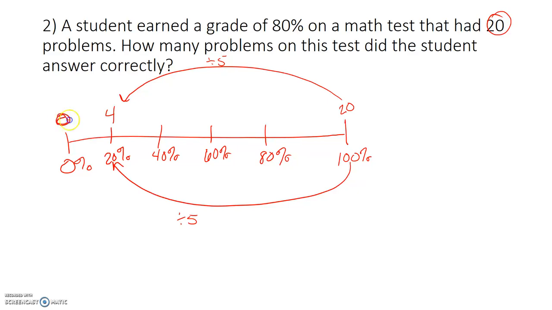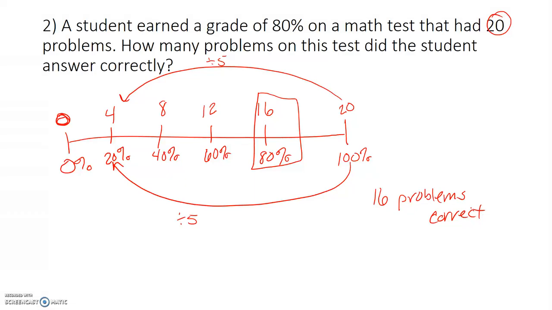Now here's my pattern. 0, I'm counting by 4s, 8, 12, 16, 20. And when I look at 80%, that's 16 problems. So this student got 16 problems correct.